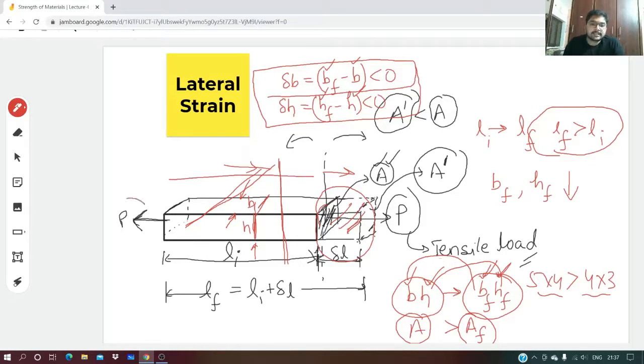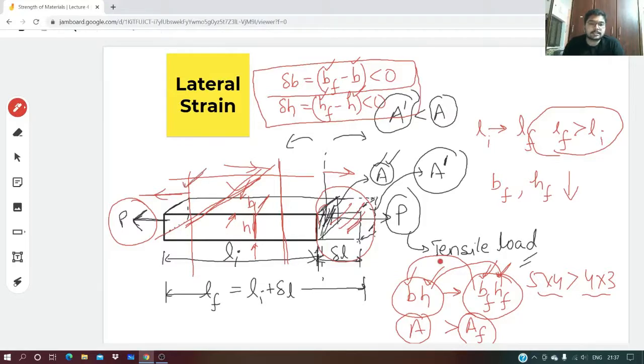So the direction in which this particular force, that load, is applied, perpendicular to that direction, whether it is the vertical direction or the horizontal direction, both are perpendicular to the force direction, the direction in which load is applied.